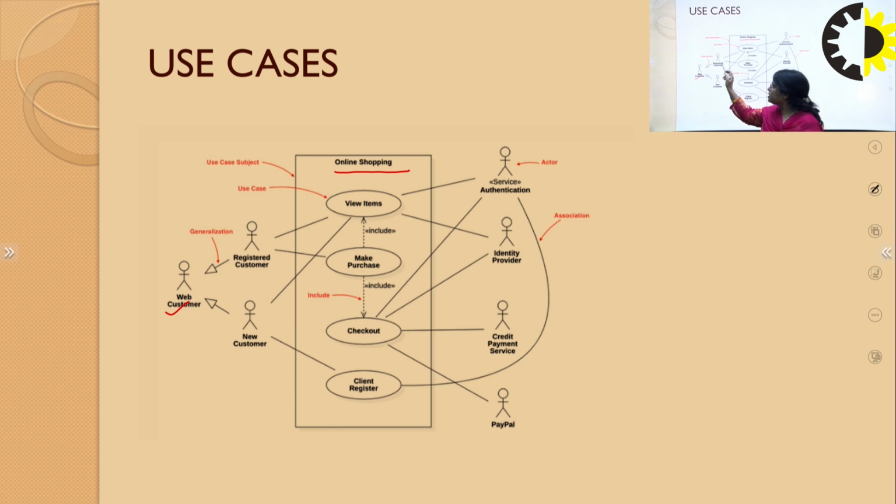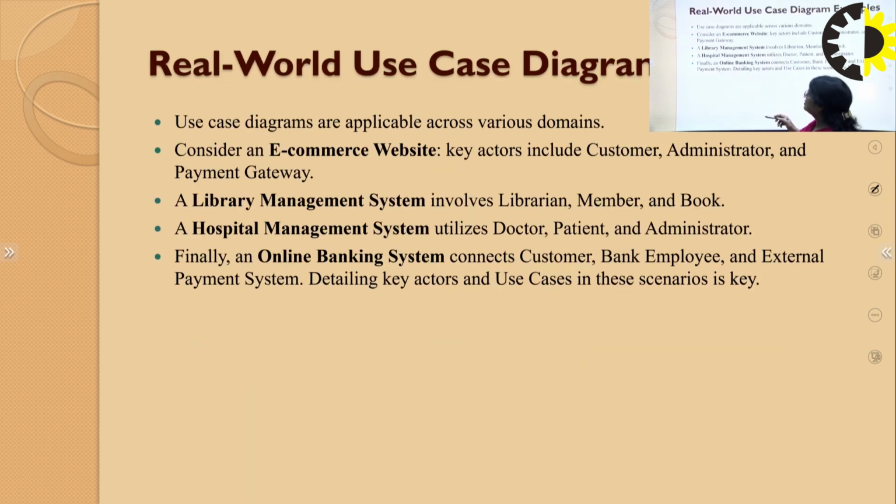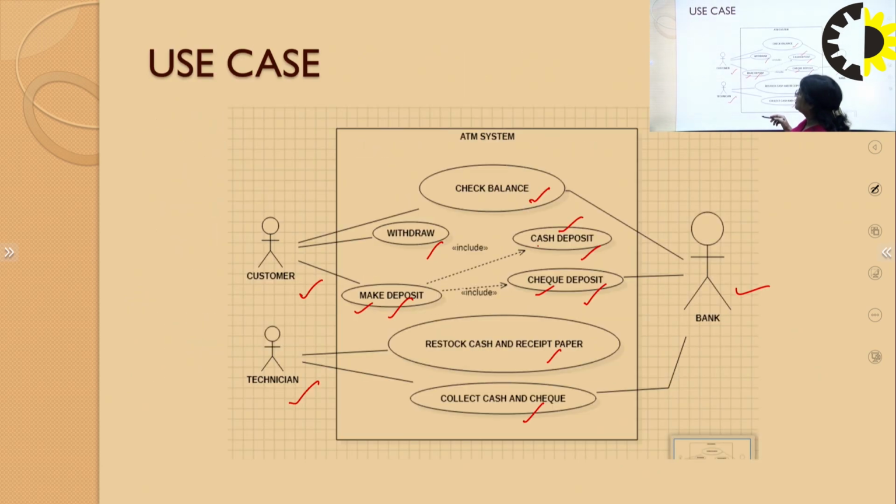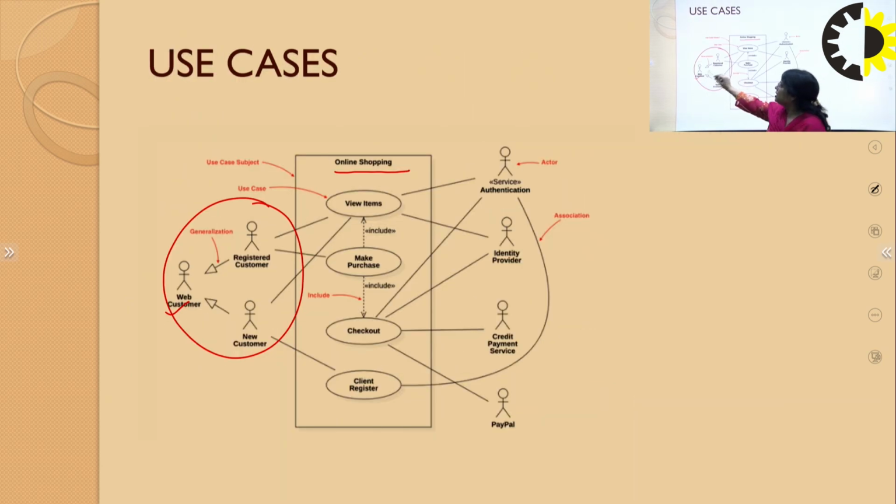This diagram represents this type of relationship, generalization. We are generalizing the customer into two categories, registered customer and new customer.